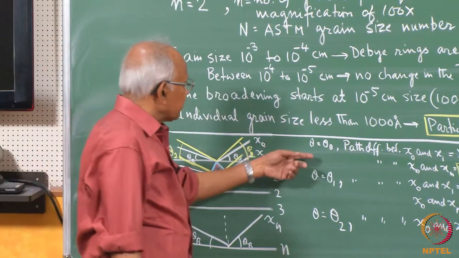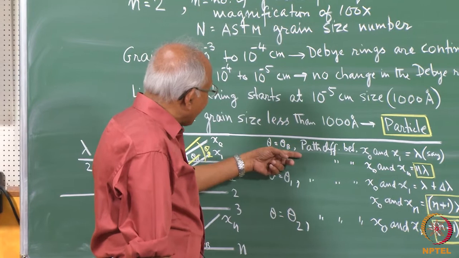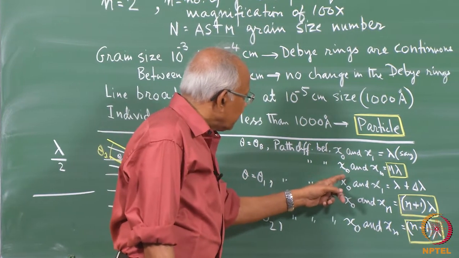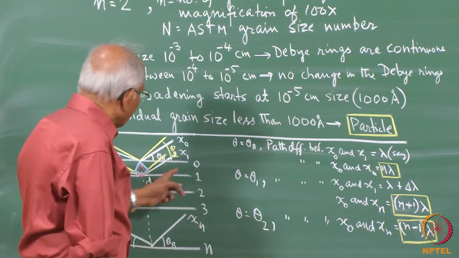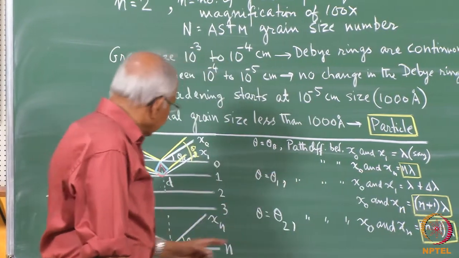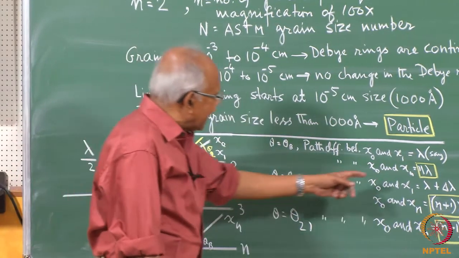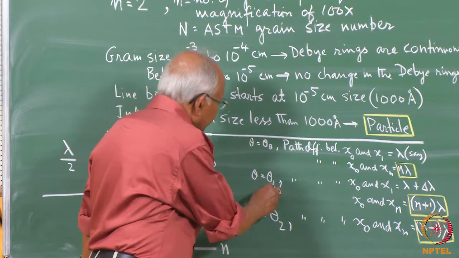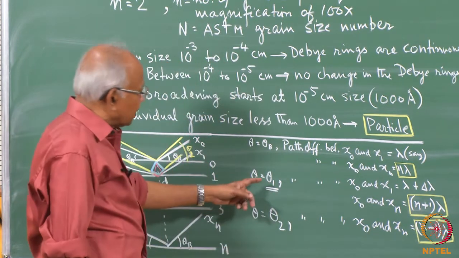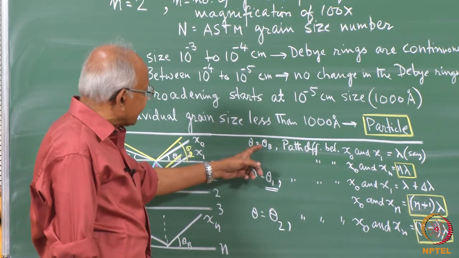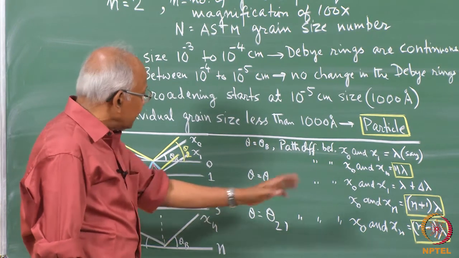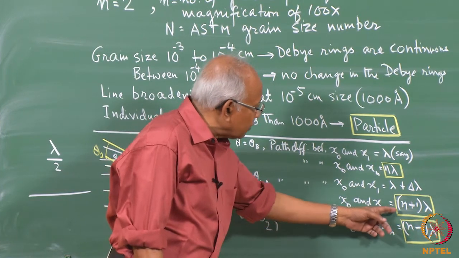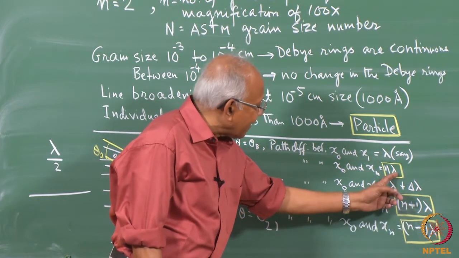So, for the Bragg angle, when Bragg's law is satisfied completely, the path difference between the rays x0 from the 0th plane and xn from the nth plane is n times lambda. Under this condition, when we go up to a theta equal to theta 1, slightly more than theta b, beyond which there is no diffraction possible, the path difference between those two rays will be 1 lambda extra than this.